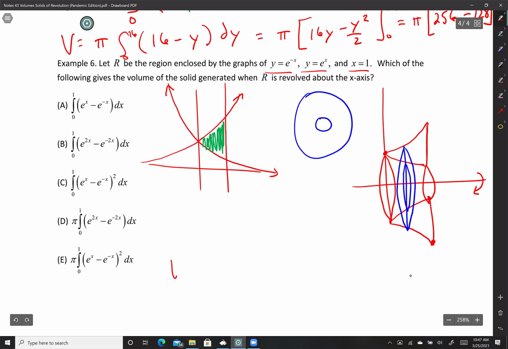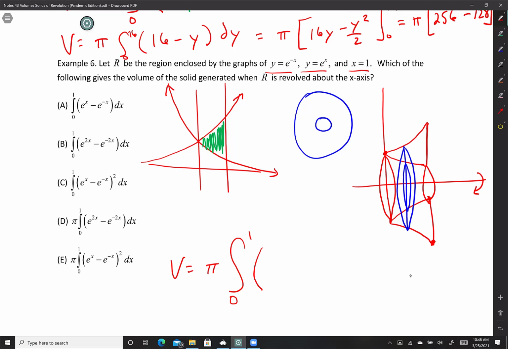All right, volume. Pi on the outside, integral from lower limit 0, upper limit 1 because these are all dx's. I'm going to write a giant parenthesis because I'm doing big R squared minus little r squared. The big R is the distance from the x-axis to the top of that curve.